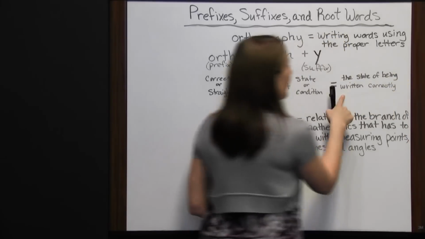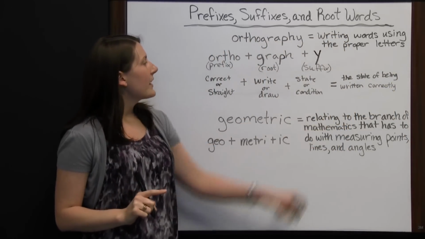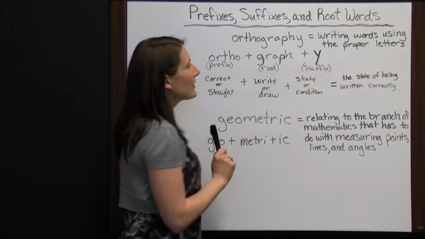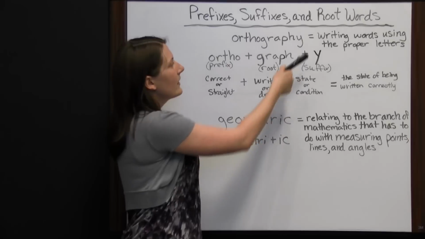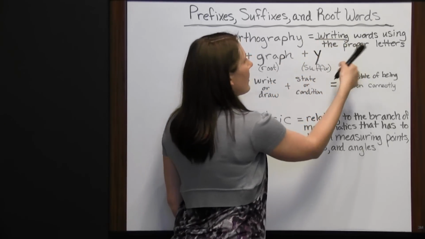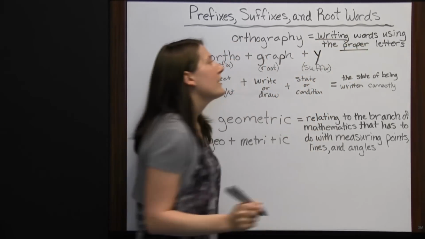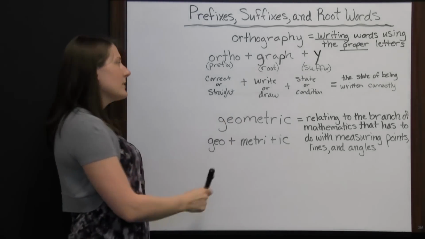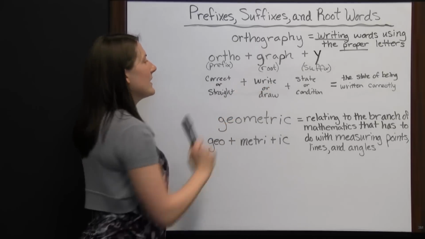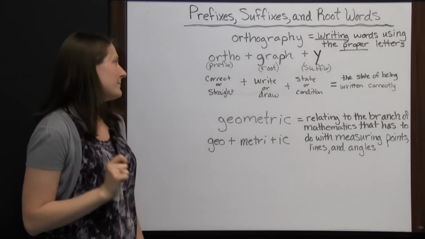And when we compare the definition we came up with to the actual definition, you can see they're pretty close. The state of being written correctly, writing words using the proper letters. So you got a pretty good idea just by breaking the word down into a prefix, a root word, and a suffix and figuring out what those meant.